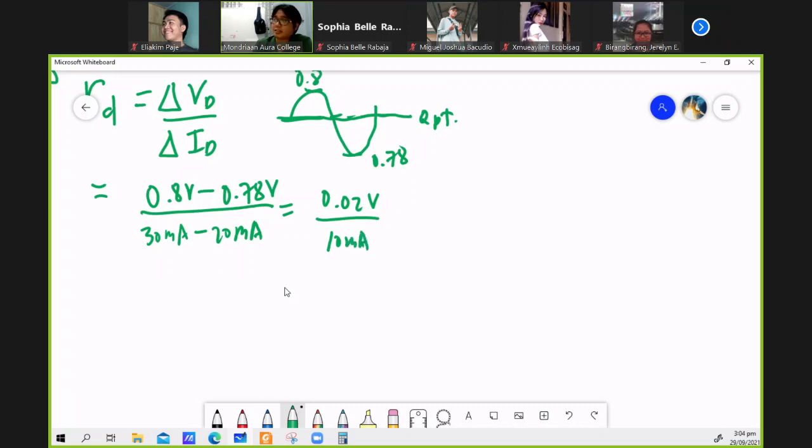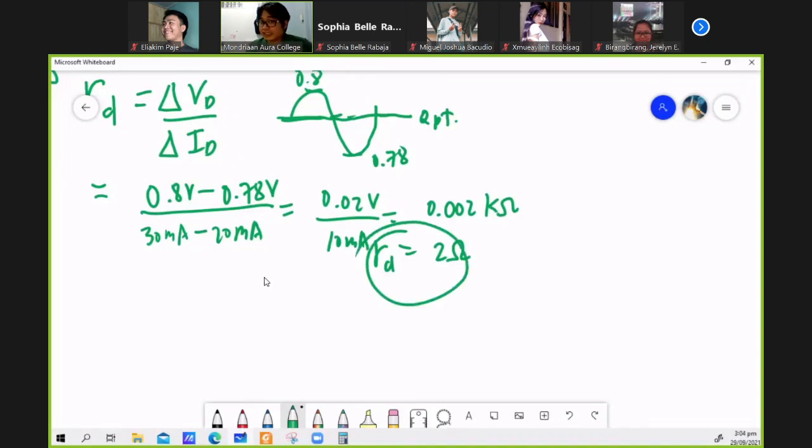So madali lang to kasi move one decimal place to the left. Huwag nyo na i-calculator. So this is equal to 0.002. Anong unit? Volts per milliampere. Matik naka kilo ohms. But in terms of ohms, ilan siya? So 1, 2, 3. So this is 2 ohms. Okay? So this is the AC resistance.